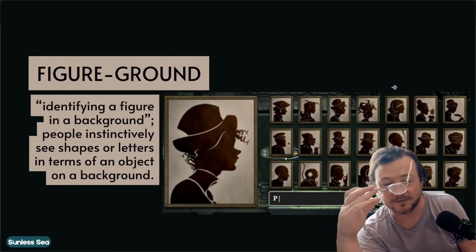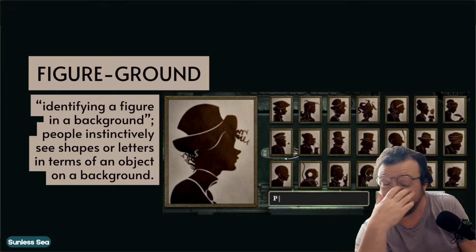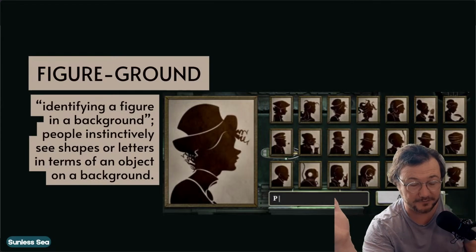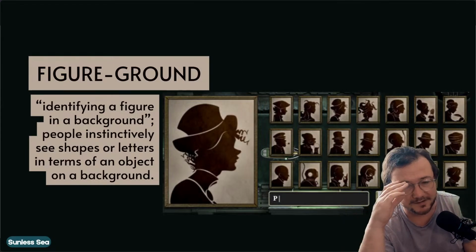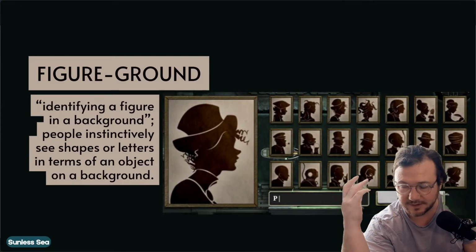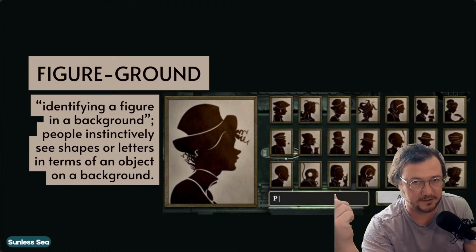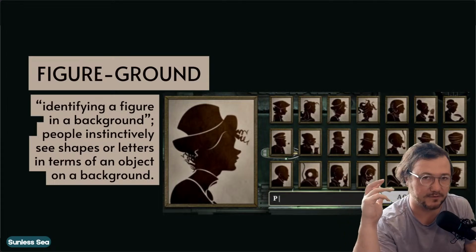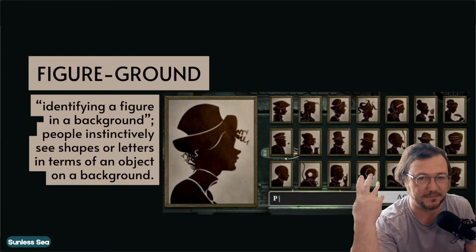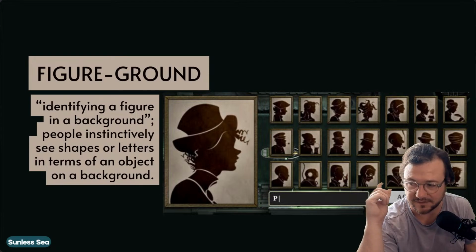The figure ground is a bias that we have for identifying a figure in a background, right? And it's quite a difficult one to apply in games, but we do have a lot of use of silhouettes in games, right? So this is your ability to look at something and understand what is the object and what is the surrounding void of that object. And this comes in a lot when you're designing very simple icons.